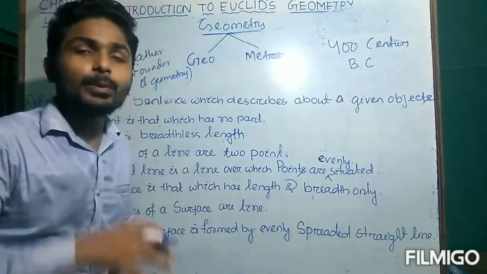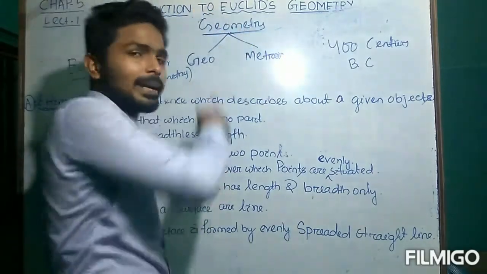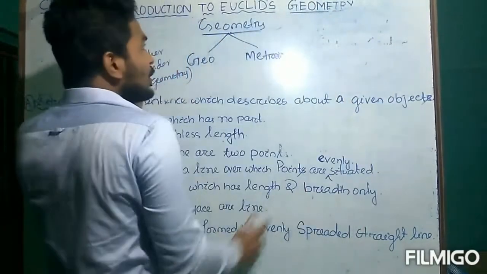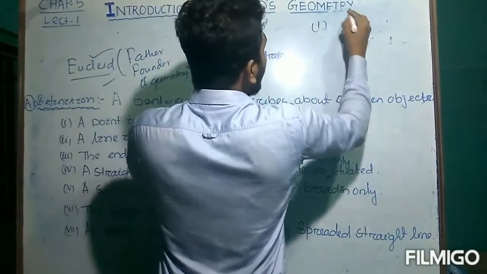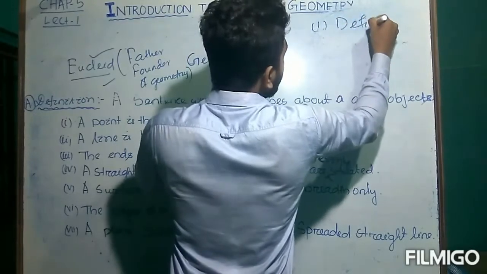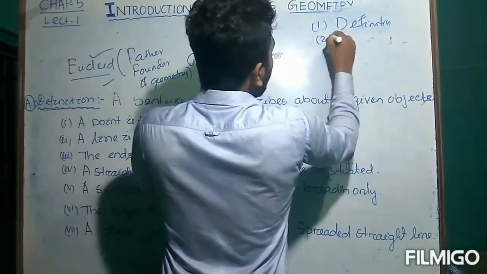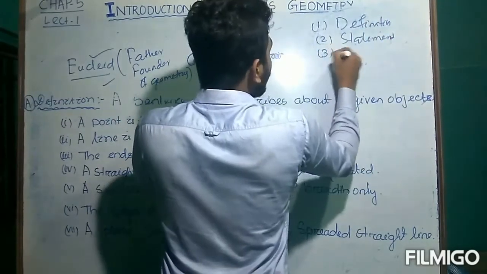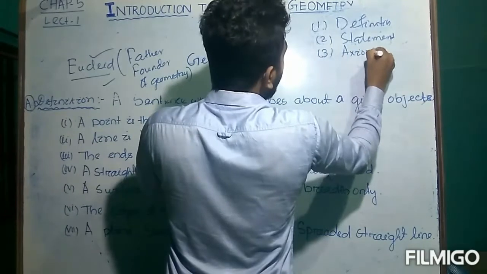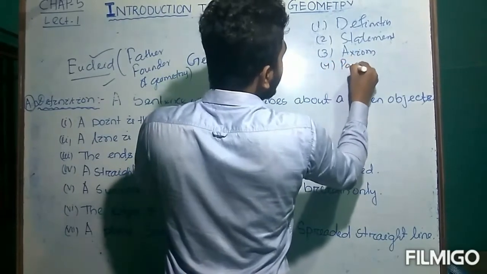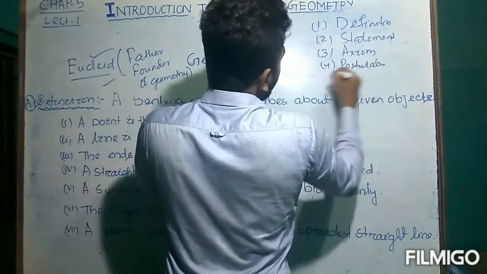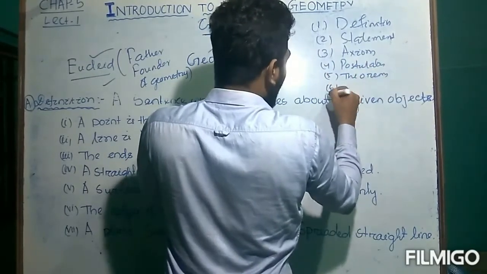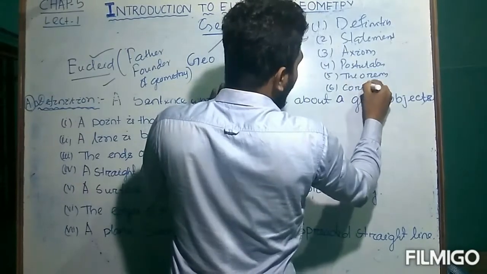During his period, he developed new concepts, some new theories. He also invented some new terms in geometry. So what are those terms? The terms invented by Euclid are definition, statement, axiom, postulates, the fifth one is theorem, and last but not the least, corollary.